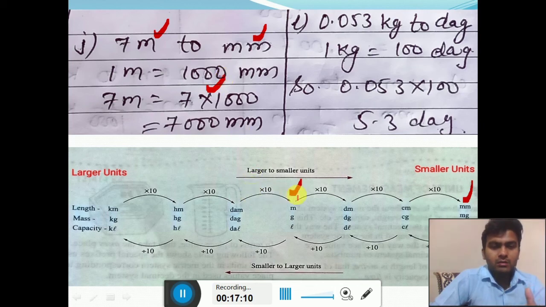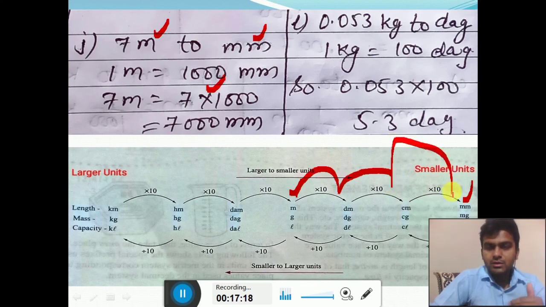Now count the number of jumps. 1, 2, 3. So 3 jumps means after 1 we will write 1000. So 7 into 1000 equals 7000 mm. Or we can write 1 meter equals 1000 mm. Like this you can solve this question also.